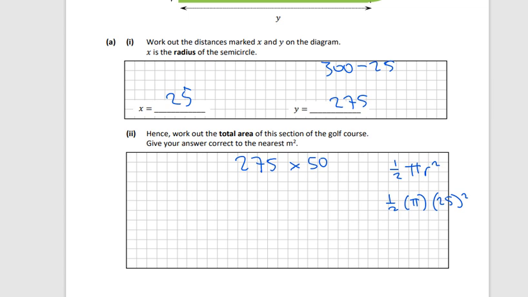So we're going to take both of those things and add them together. That will give us 14731.75, sorry, in meters squared.